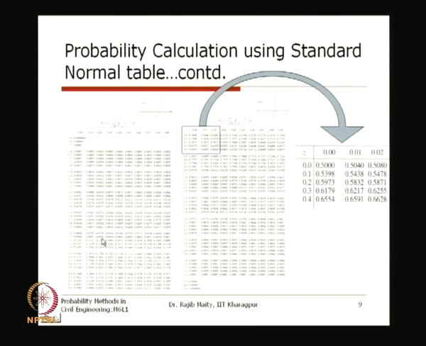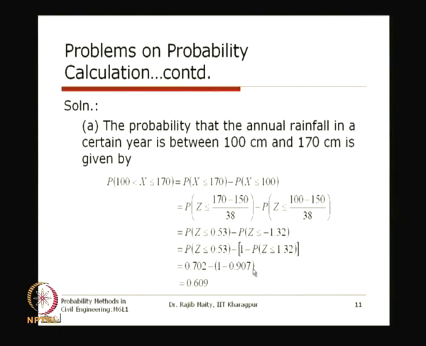Or if for some textbook only the positive side is given, then using the property of symmetry, we can just convert it to this positive number with the consideration of the fact that the total area is 1. So then you can use that particular table as well.